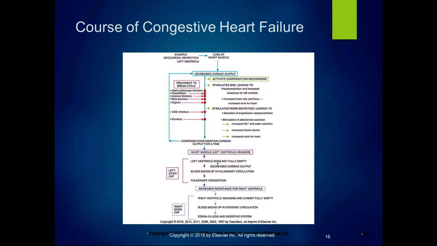I know it's super tiny here, and that's on page 246. You want to look at that. It's basically a cause and effect flow chart of the course of congestive heart failure. So take a look at that on page 246. I can barely even read those little letters, but when you project this up on a screen, it looks a lot bigger.